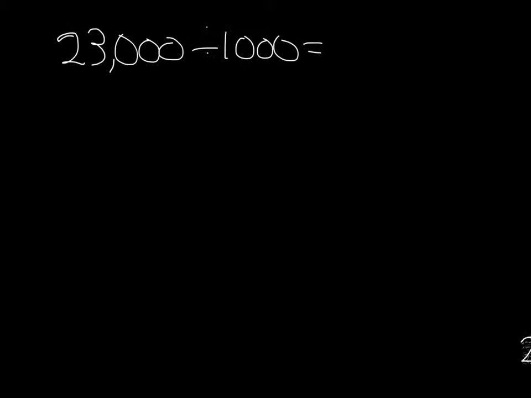Okay. This problem is 23,000 divided by 1,000. And you may have noticed that before we were doing 2,300, this is 23,000. We've kept the digits the same, but we've moved them a place to make it larger. And that's because I wanted a number large enough to divide by 1,000 and still get a whole number. And so let me go ahead and copy down my place value disk to remind us of what we're doing. 23,000 has two 10,000s.